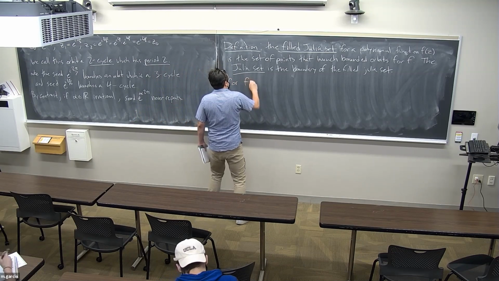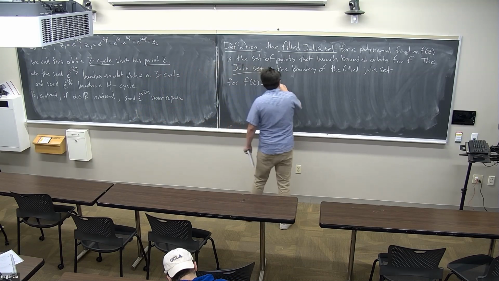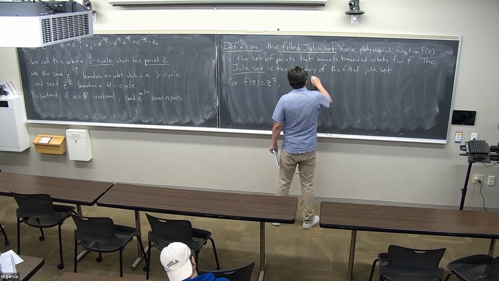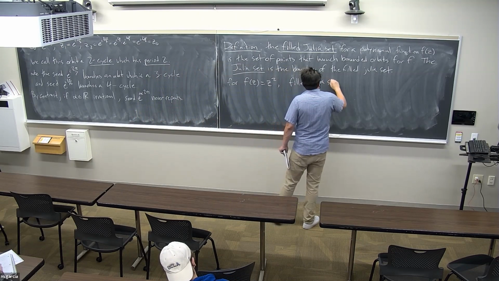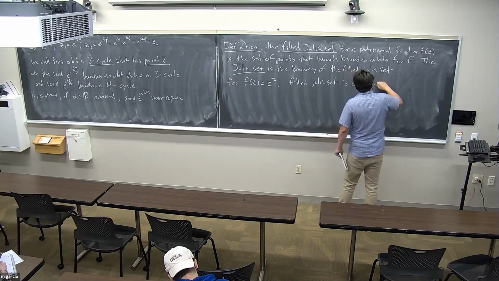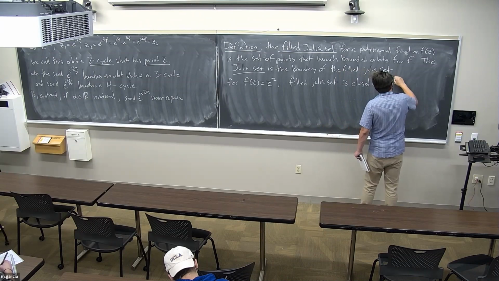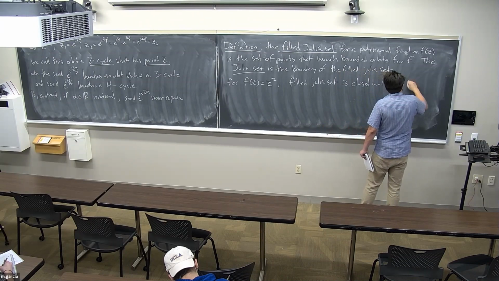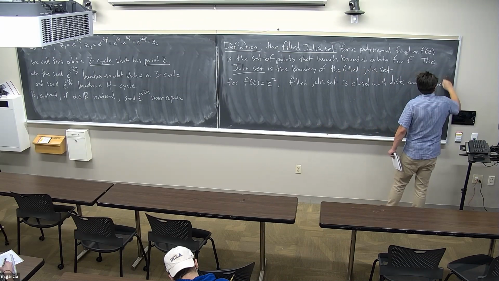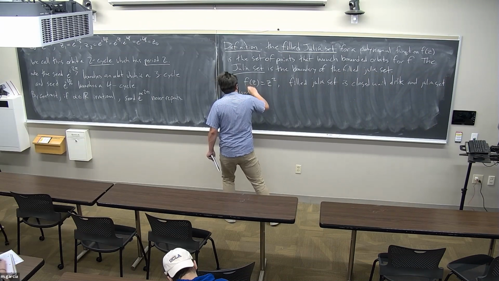For f of z equals z squared, the filled Julia set is the closed unit disk, and the Julia set is the unit circle.